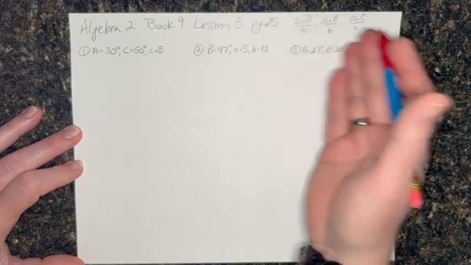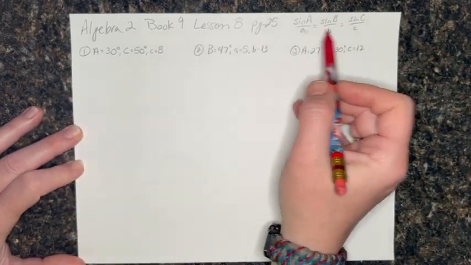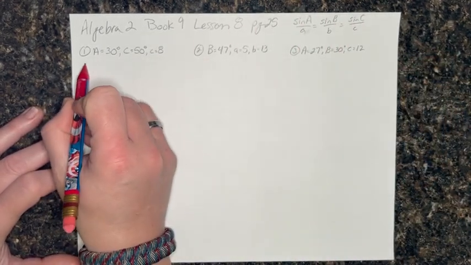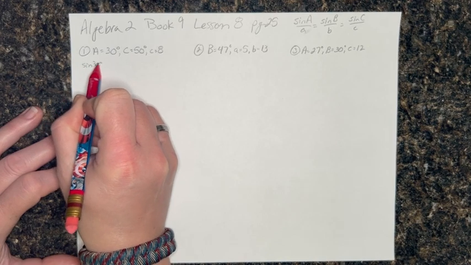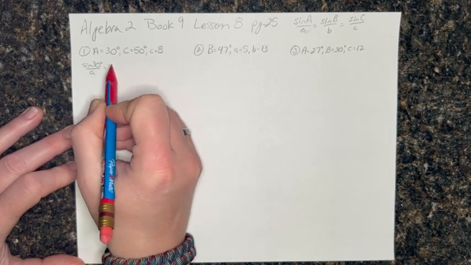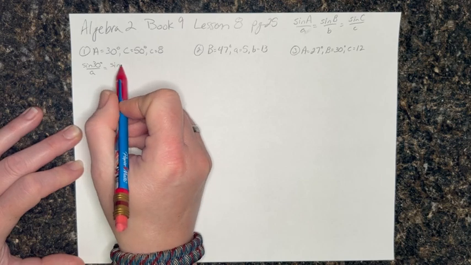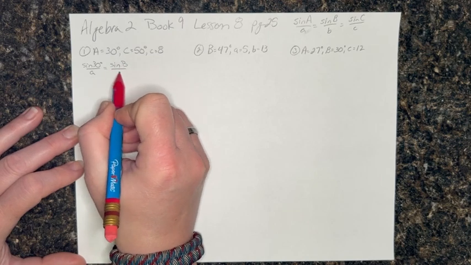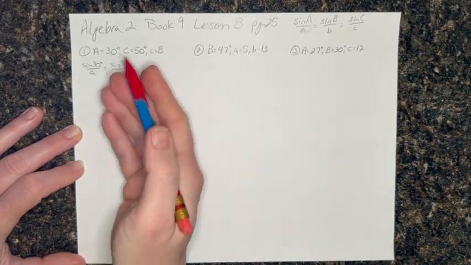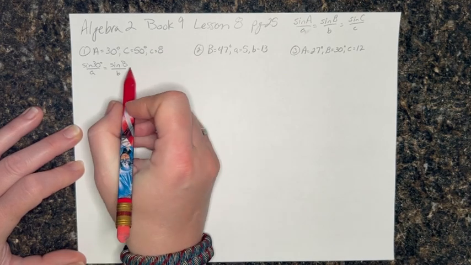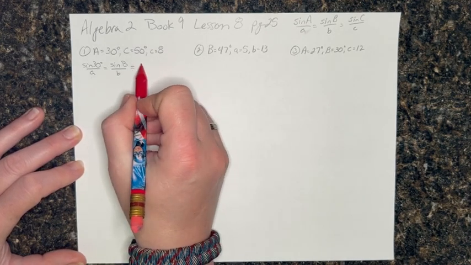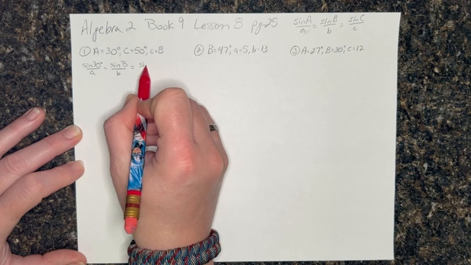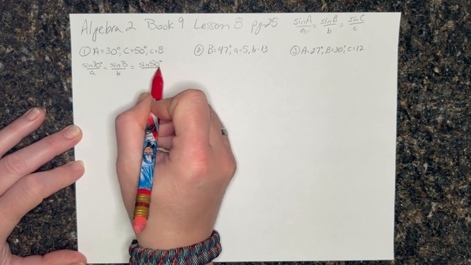So I'm just going to go ahead and fill in my law of sines. So I've got the sine of 30 degrees over side A is equal to the sine of B over side B, because we weren't given either of those, and which is also equal to the sine of 50 degrees over 8.